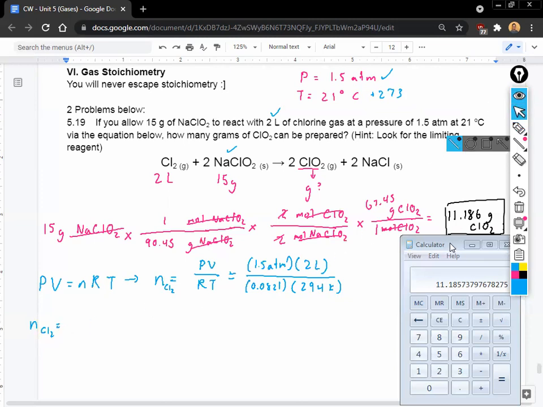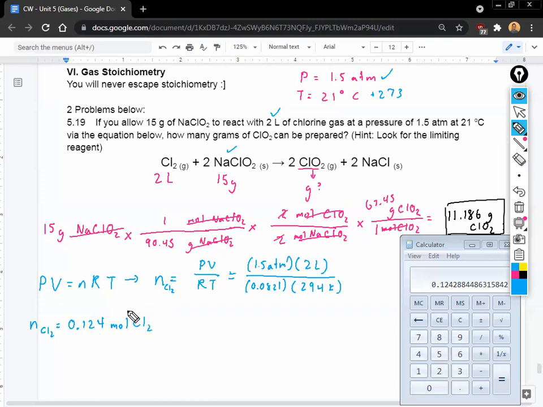So I'm going to go to my calculator. I'm just going to multiply the tops, 1.5 times 2, which is 3, divided by 0.0821, and then divided by 294. That'll give me 0.124. So 0.124 moles of Cl2. Any questions about how we got that? Okay, it's just basic ideal gas law.